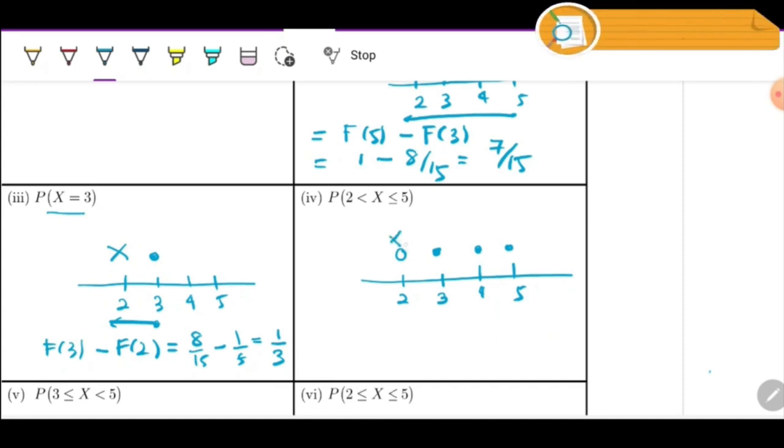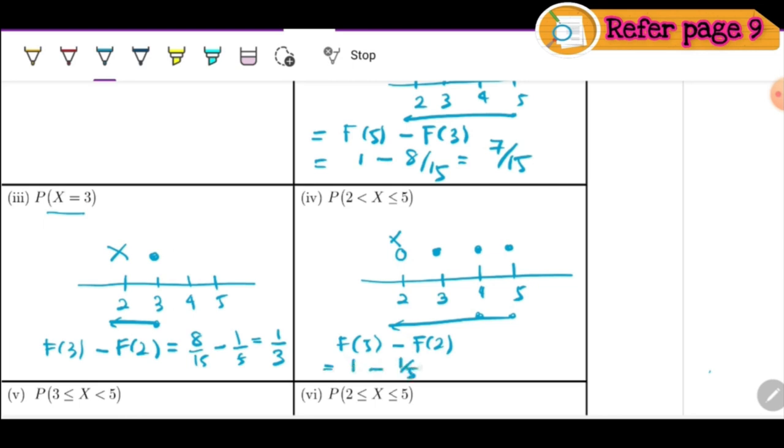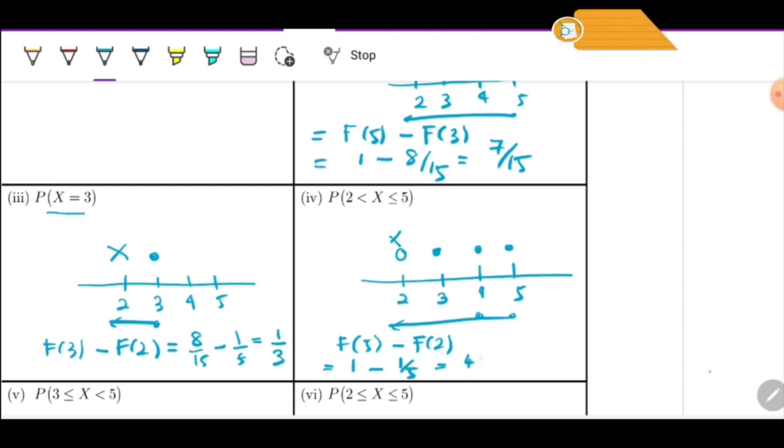So we don't want x less than or equal to 2. So start from F of 5, minus x less than or equal to 2, which is F of 2. So F of 5 is 1 and F of 2 is 1 over 5. So we get 4 over 5.